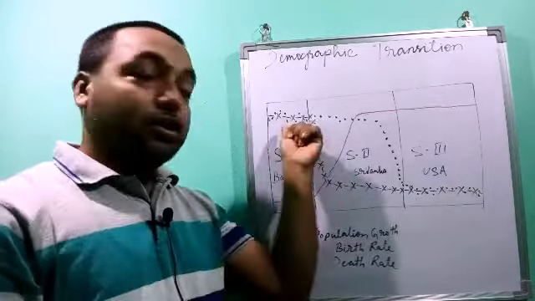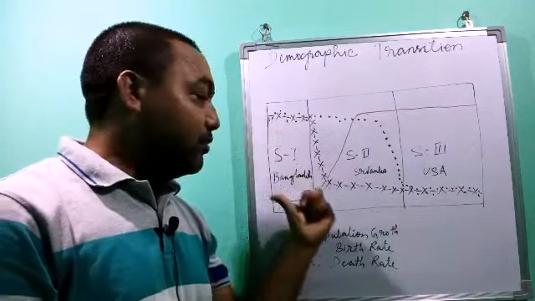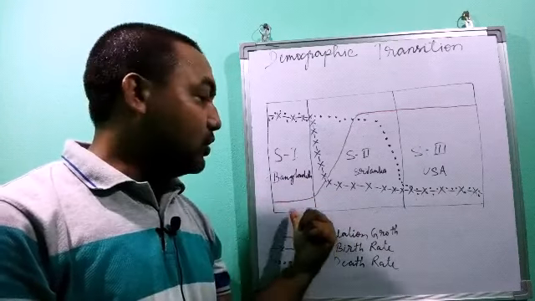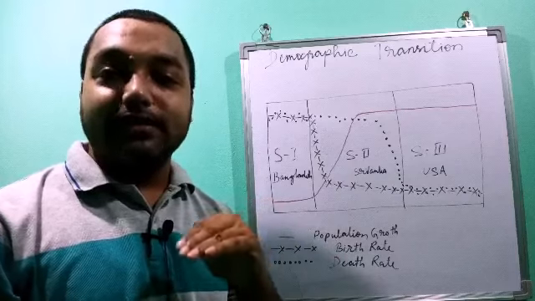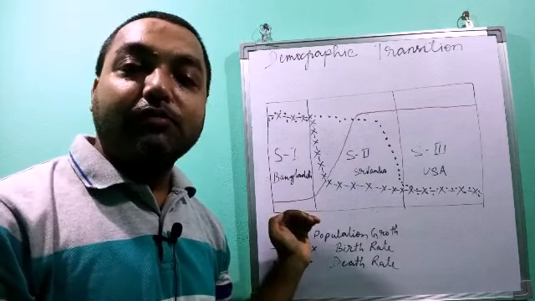So because birth rate and death rate were very high at the initial stage, the growth of population, this line shows the growth of population, was very low.